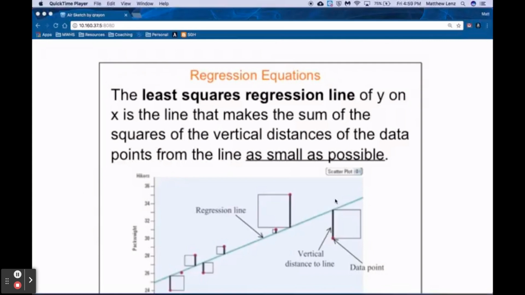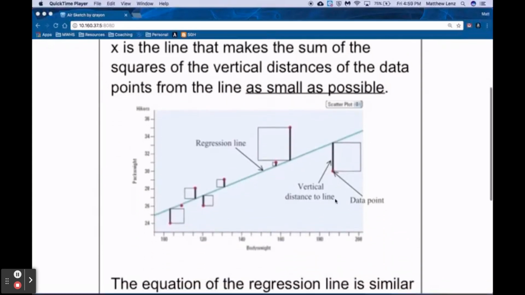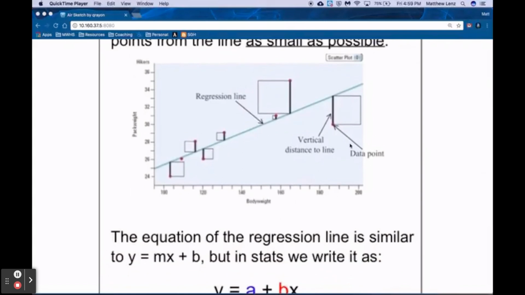This line represents the smallest distance from each data point, as small as possible, at least. As you can see from this example, as data is more spread out, some points are further away, but this line represents the best average representation for all of these points.